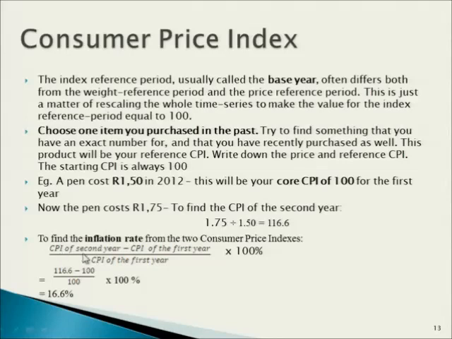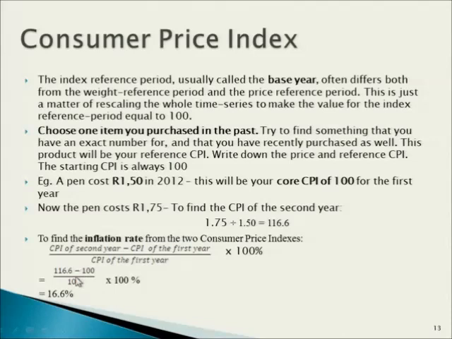It is the CPI of the second year minus the CPI of the first year over the CPI of the first year. Can I substitute those words with other words? The new CPI minus the old CPI over the old CPI. And of course, because it's a percentage, multiply by 100%.